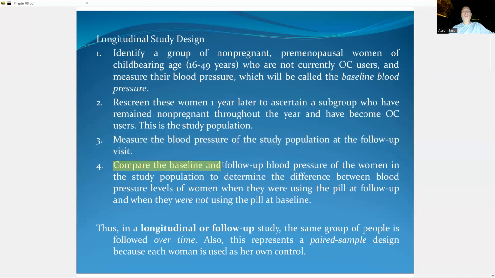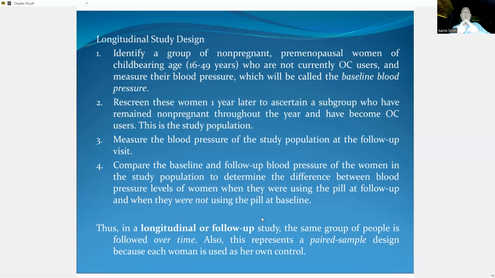Then compare the baseline and follow-up blood pressures of the women in the study population to determine the difference between blood pressure levels of women when they were using the pill at follow-up and when they weren't using the pill at baseline. All right, and so this is a longitudinal or follow-up study because we've got the same people over time. What's important about how we're going to analyze this is I've got the same person for the data.